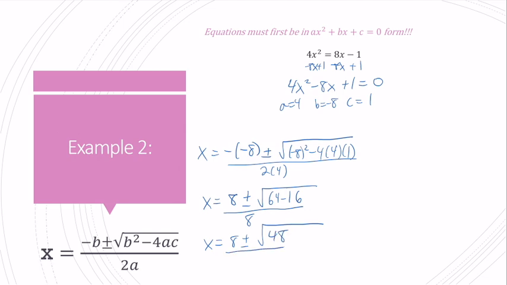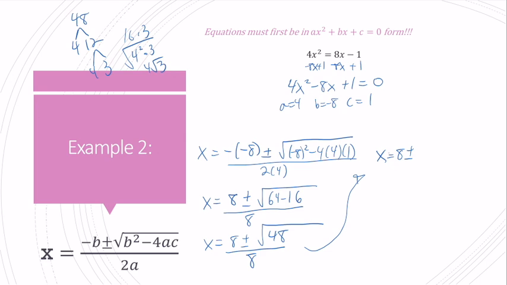Now the square root of 48, I'm going to need to factor that. That's 4 times 12, which is 4 times 3. Oh, it's 16 times 3. So I can write this as 4 squared times 3. That would give me 4 root 3. So I have x is 8 plus or minus 4 root 3 all over 8, and I could pull out a factor of 4.